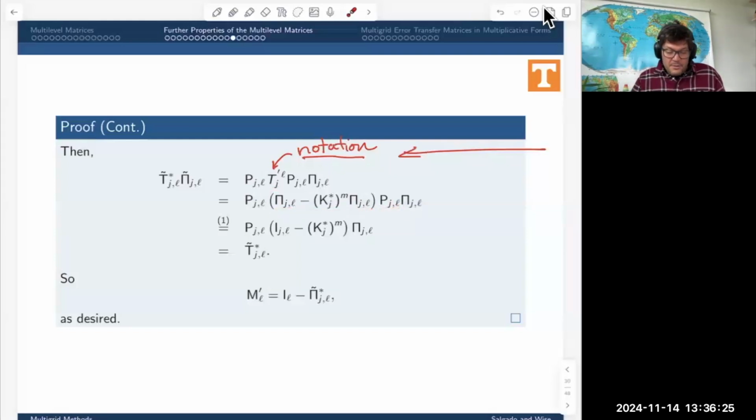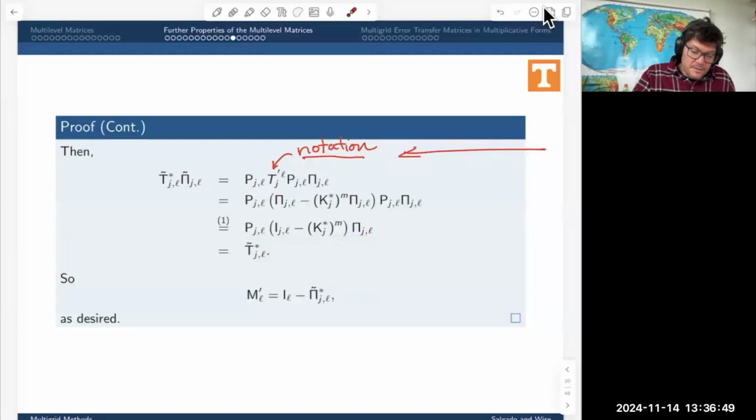So I get identity here, identity with that product. When I multiply through by this on the right-hand side, I just get this. And this part here is just going to be equal to T_J^L.